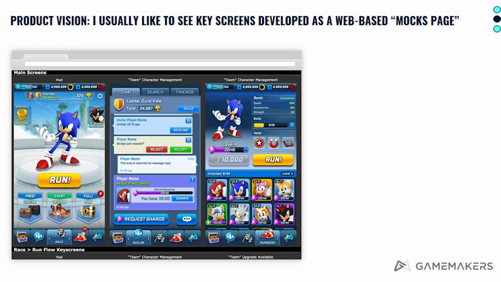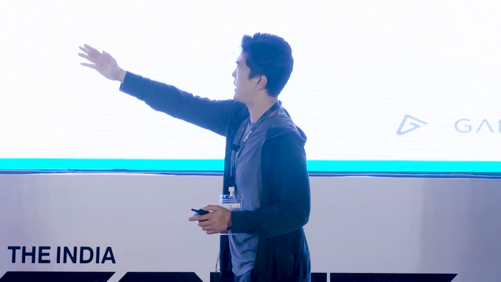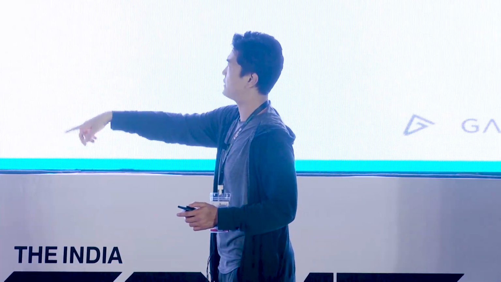So this is an example from a game I worked on in the past, but we used a website, and basically on the website we put all the key screens on. This is a very old example in terms of flows, but it just shows you the idea in terms of all the screens and then what buttons go to where.